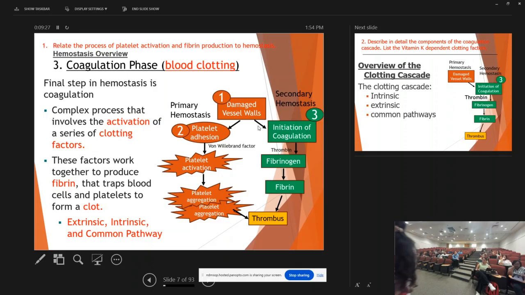And that coagulation cascade requires a lot of different clotting factors. And ultimately, we need to form a fibrin mesh. That is, the thrombus is made up of fibrin mesh. Okay? So forming the fibrin mesh is where this whole process is going to take place.